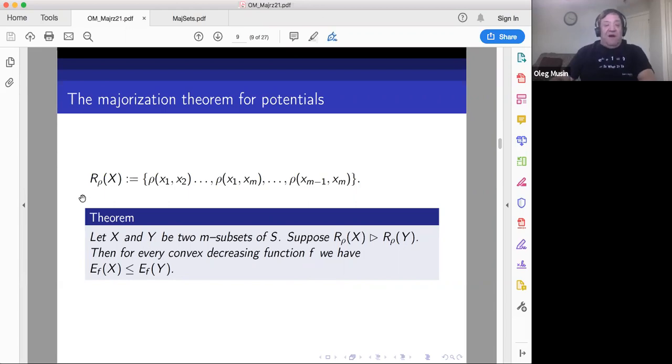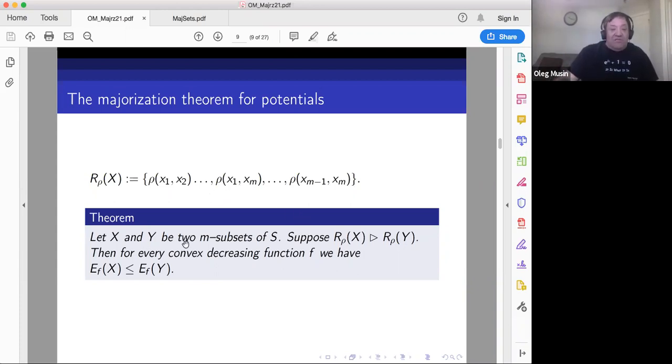I define R sub rho of x. We have elements of the set, and we can consider all pairs and rho of all pairs. So we obtain m choose two real numbers, and so we can compare these numbers.